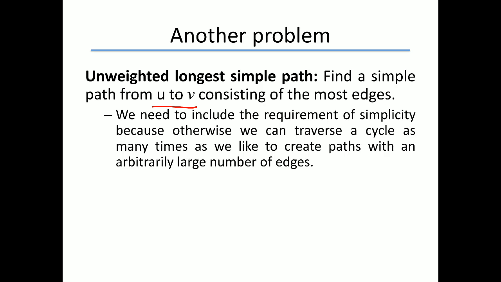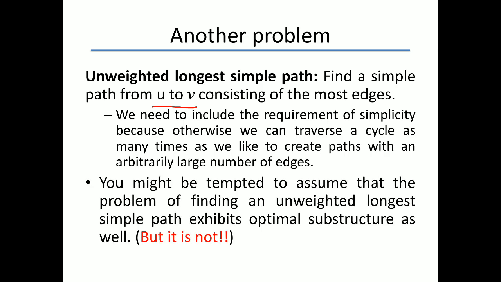So this overall problem might have the optimal substructure. So you might be tempted to assume that the problem of finding an unweighted longest simple path exhibits optimal substructure as well, but it is not. Unlike the previous problem, this problem doesn't have any optimal substructure.